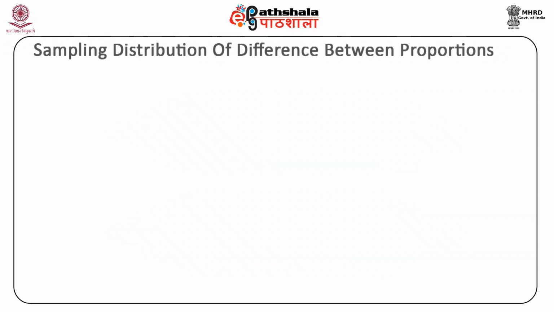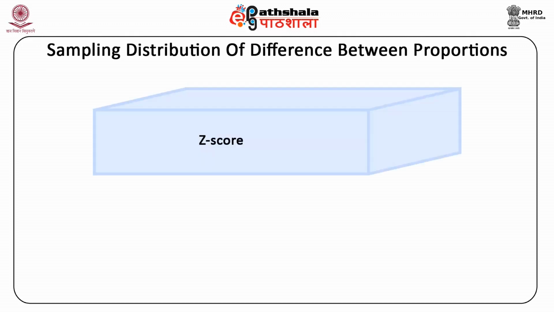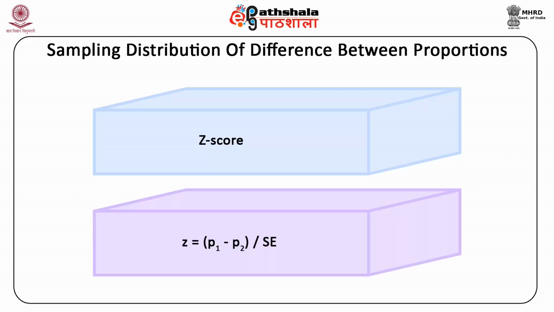Test statistic. The test statistic is a z-score defined by the following equation. Z is equal to (P1 minus P2) upon standard error, where P1 is the proportion from sample 1, P2 is the proportion from sample 2, and SE is the standard error of the sampling distribution.